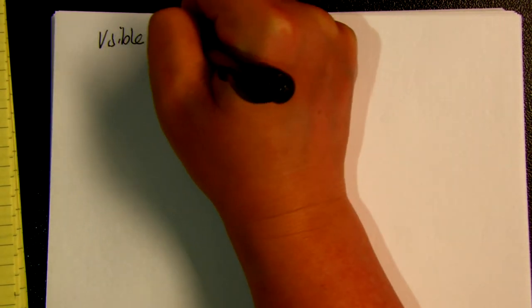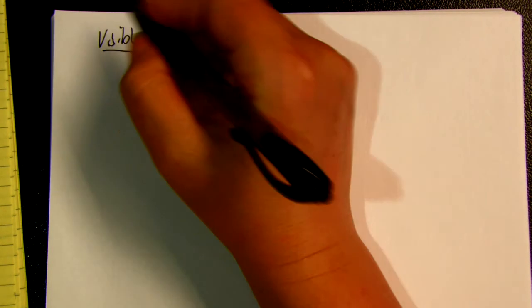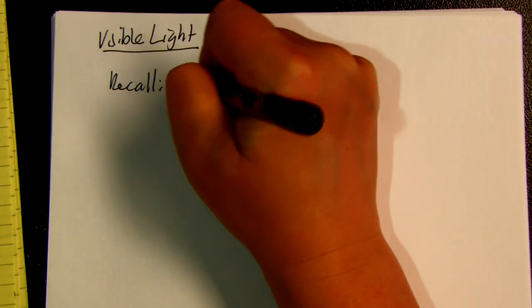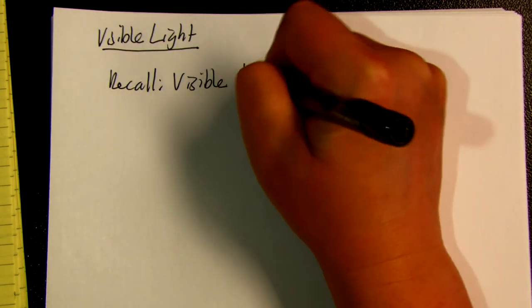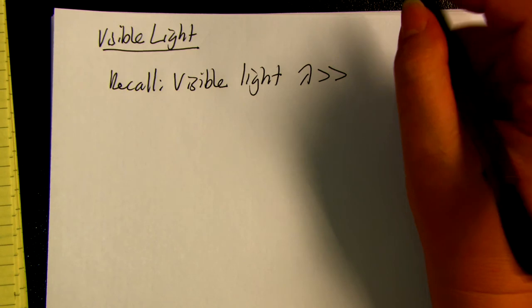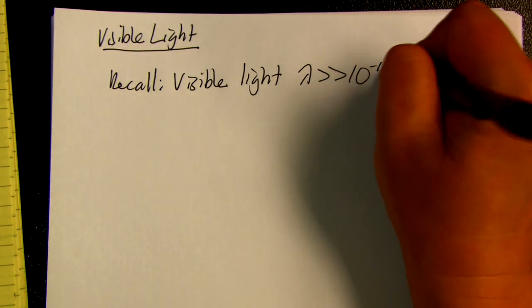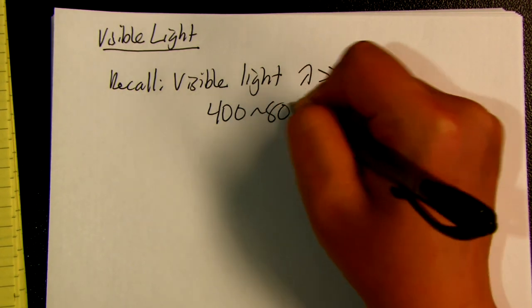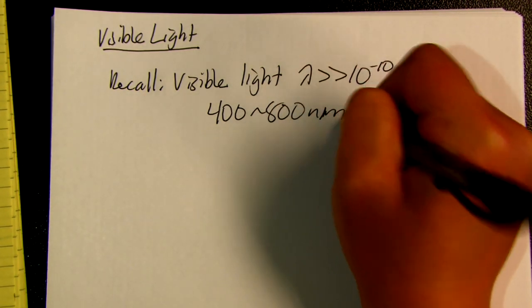Now let's think about what this implies about visible light when we're looking at crystals. If you recall, for visible light, lambda is much, much larger than 10 to the minus 10, between 400 and 800 nanometers.